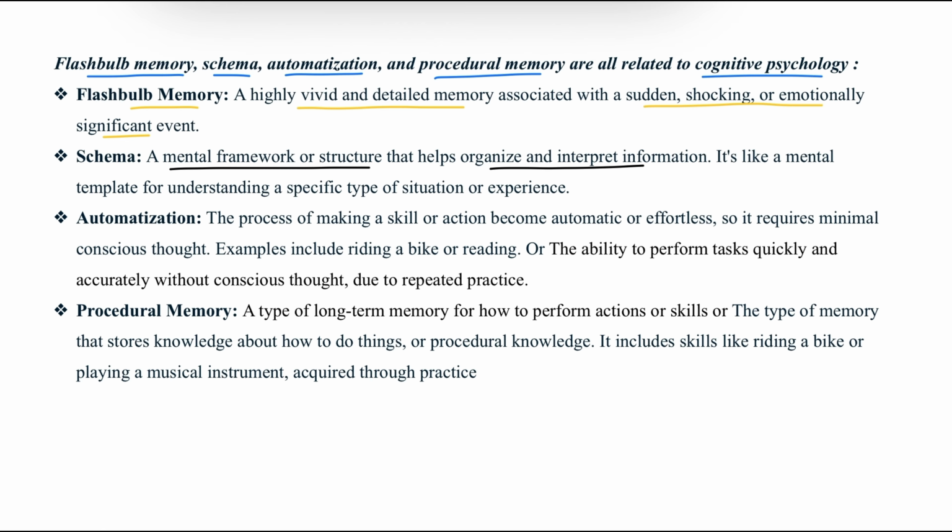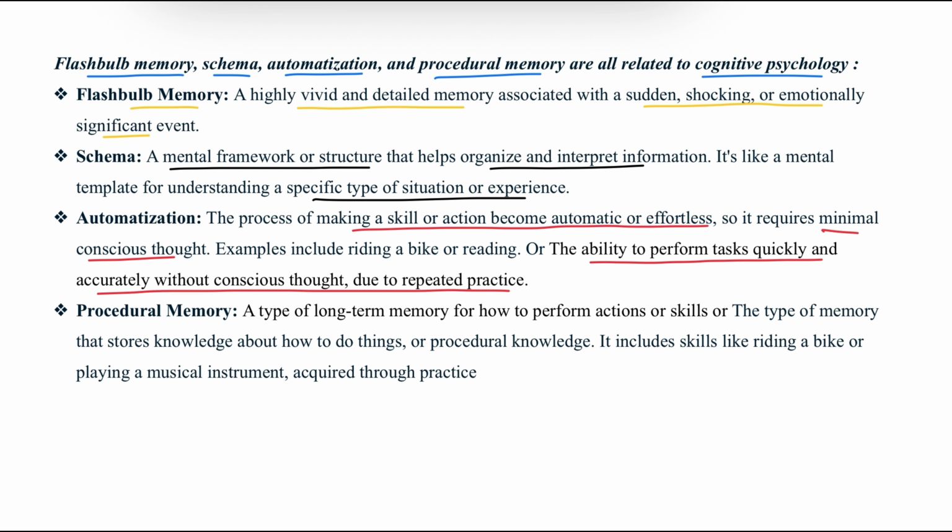It is like a mental template for understanding a specific type of situation or experience. Automatization, the process of making a skill or action become automatic or effortless, so it requires minimal conscious thought. Examples are riding a bike or reading, or the ability to perform a task quickly and accurately without conscious thought due to repeated practice.